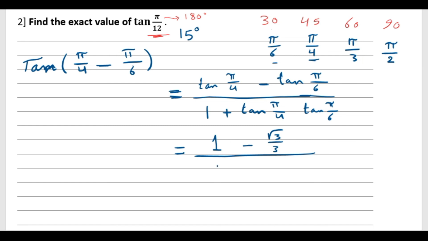Down, it will be 1 plus tan pi over 4 multiplied by tan pi over 6. Tan pi over 4 equals 1, so we'll find only the value of tan pi over 6, which is root 3 over 3.